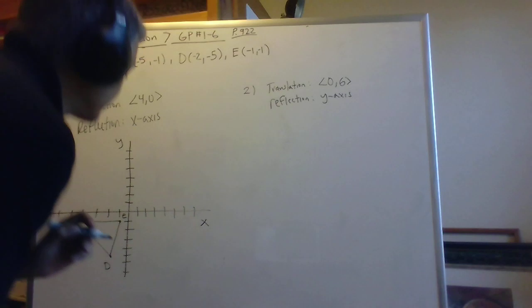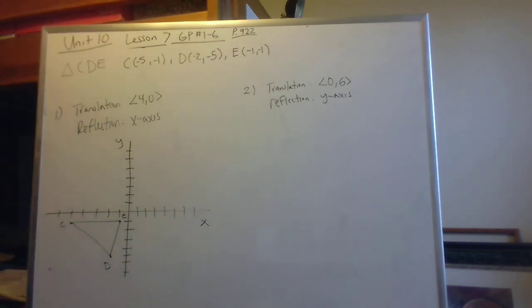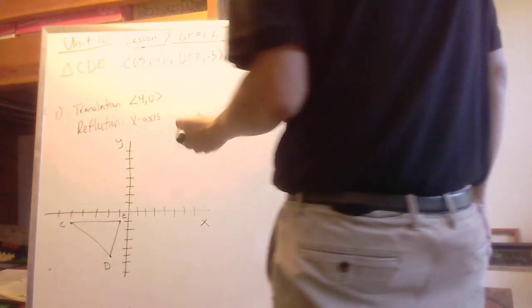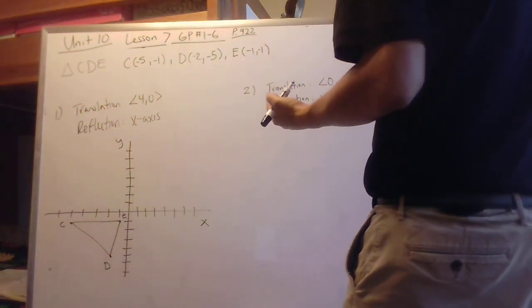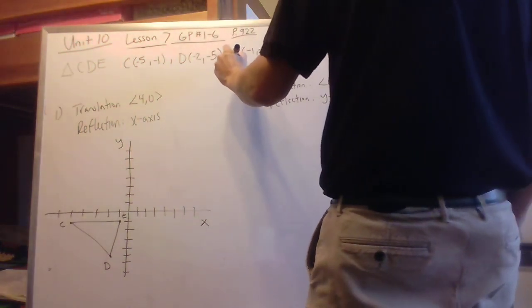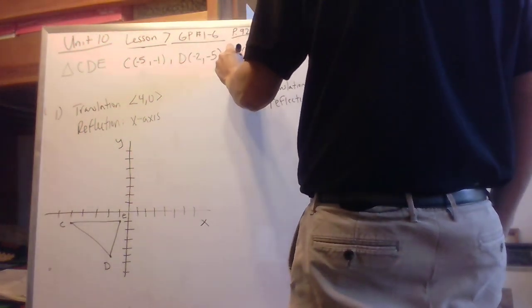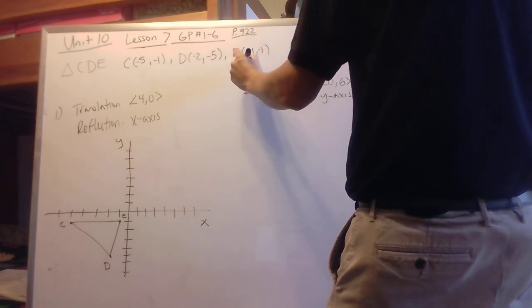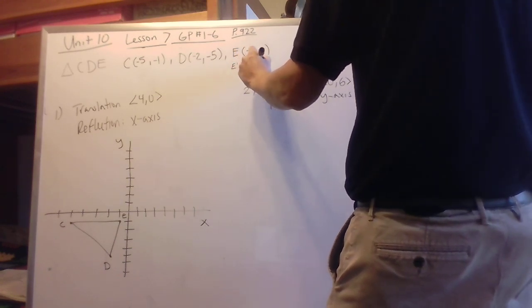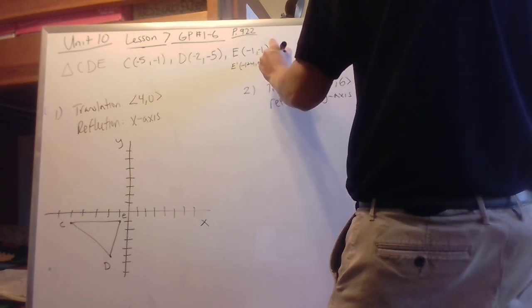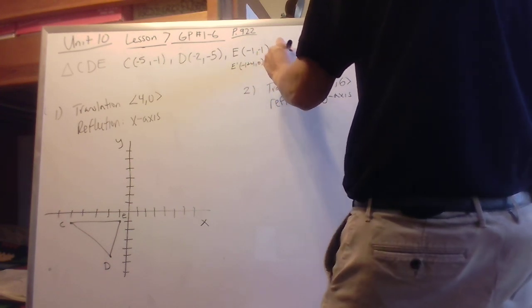So it wants us to translate it 4 units to the right. So what I want to do is, I guess I'll write it underneath. If we have E prime, if we do 4 units to the right, we're going to have -1 plus 4, comma 0. So that's going to give us 3, 0.